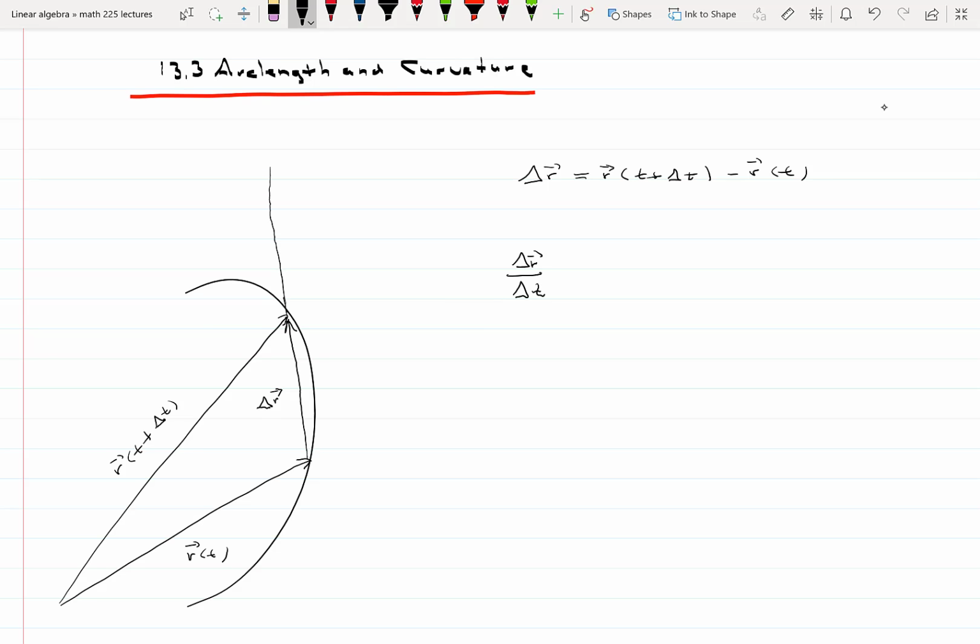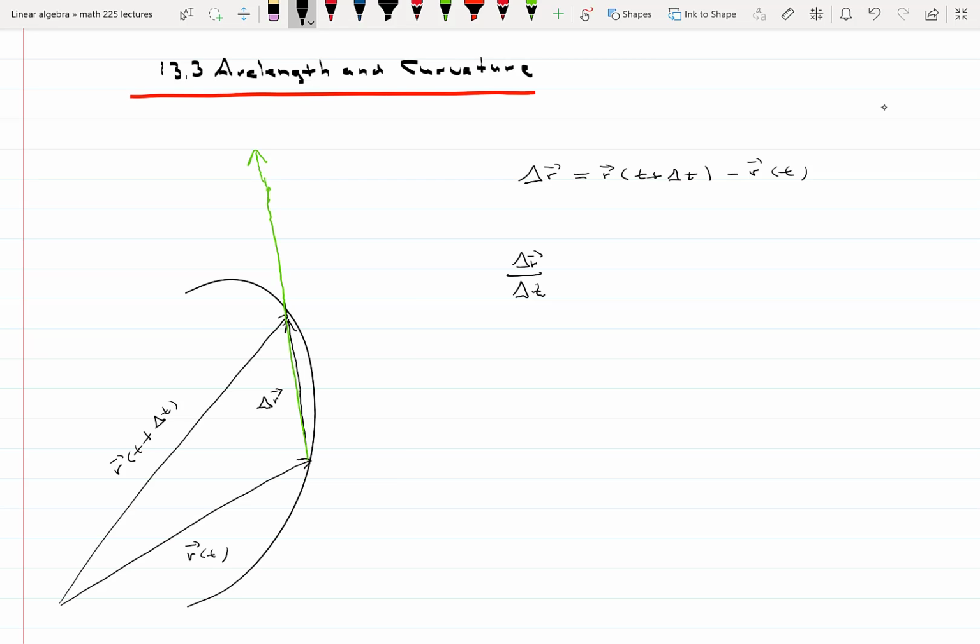So this new vector, let's say in green, we get by taking delta r and multiplying it by the reciprocal of delta t, stretching the vector delta r out.